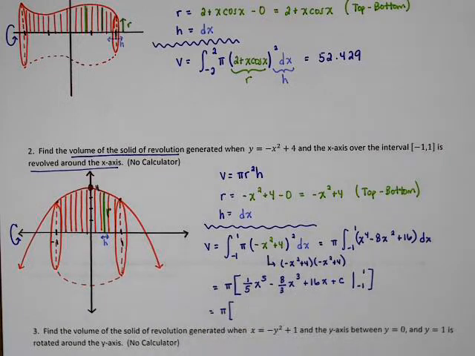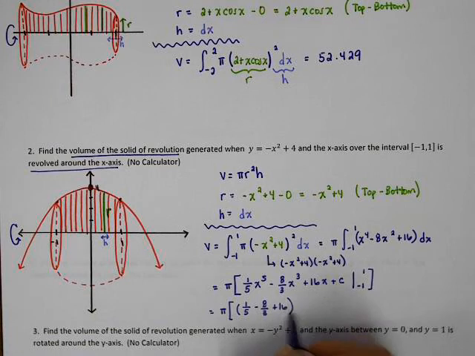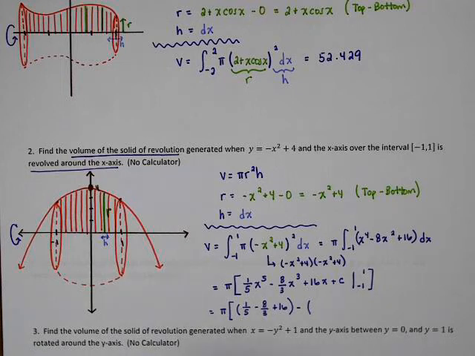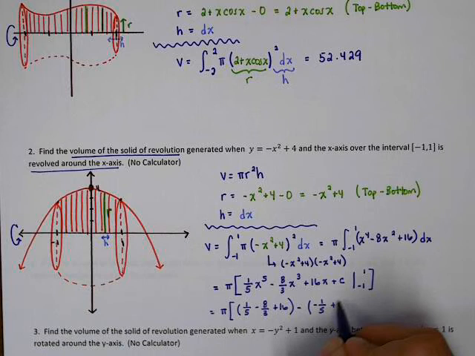When I plug in the top number first, I get 1/5 minus 8/3 plus 16, and I know that the c's are going to cancel, so I'm not going to write that part, minus, I'm going to plug in my bottom number next, so I'm going to have -1/5 plus 8/3 minus 16.